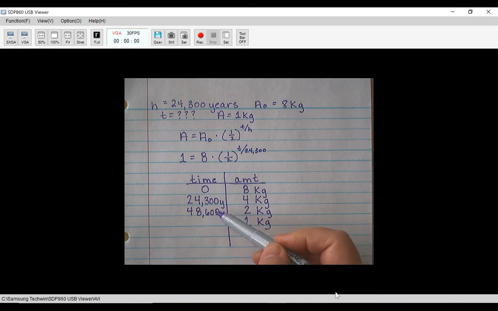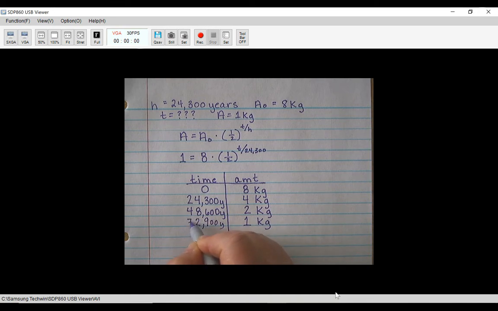But that's going to take another half-life, another 24,300 years. So if I add another 24,300 years, I'm going to end up at 72,900 years. And so that gives me my answer. After 72,900 years, 8 kilograms of this substance will decay to only 1 kilogram.